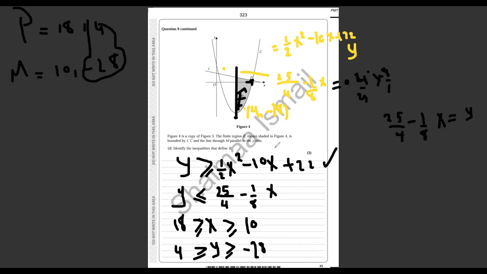And clearly for the equations that's enough. You need just 3, so we did it.